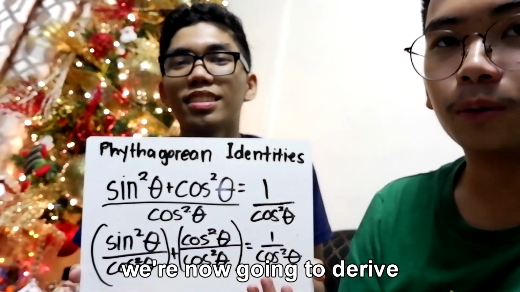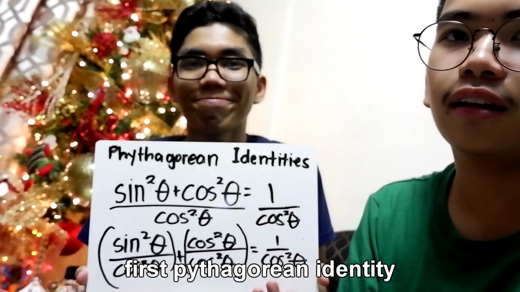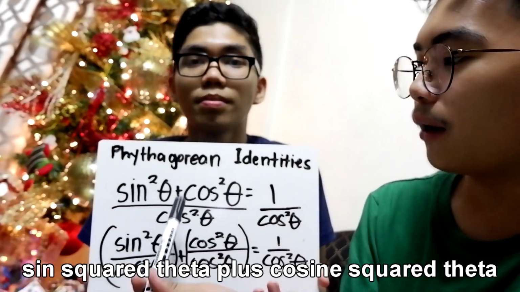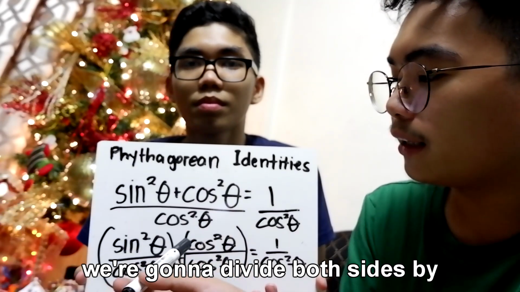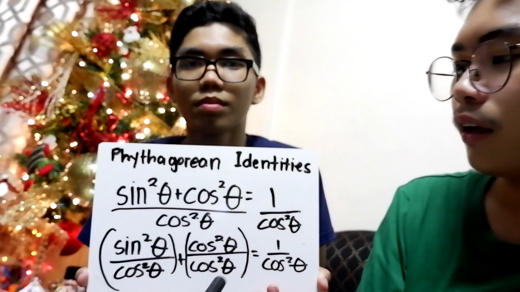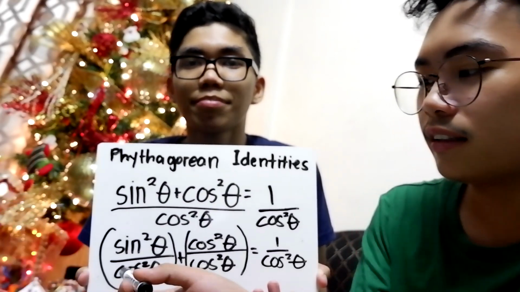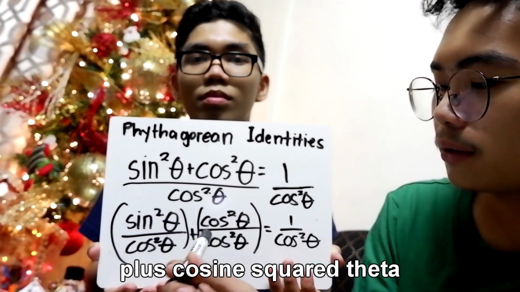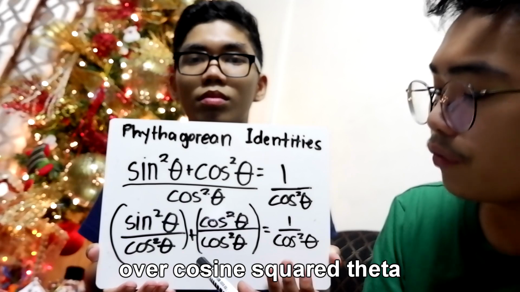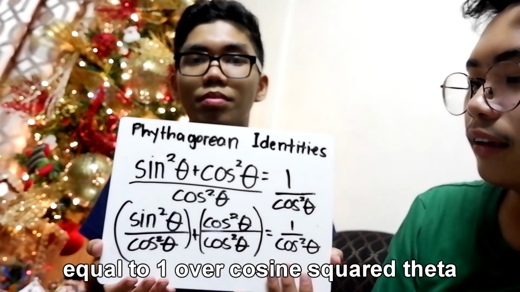We're now going to derive the third Pythagorean identity, and we're going to start from the first Pythagorean identity: sine squared theta plus cosine squared theta is equal to 1. We're going to divide both sides by cosine squared theta, and separate these two terms, and it will be like this: sine squared theta divided by cosine squared theta plus cosine squared theta over cosine squared theta is equal to 1 over cosine squared theta.